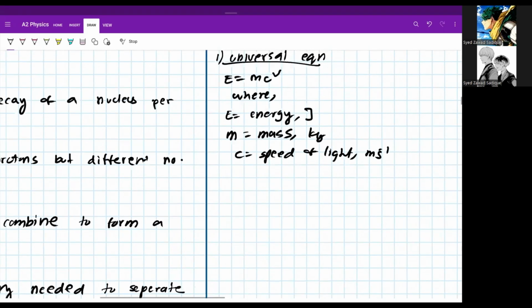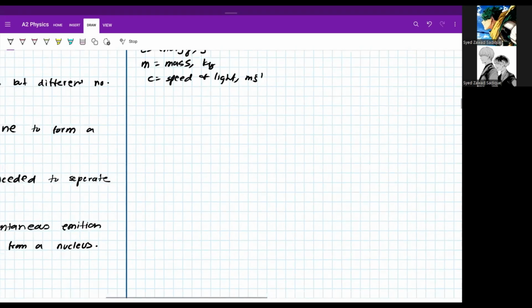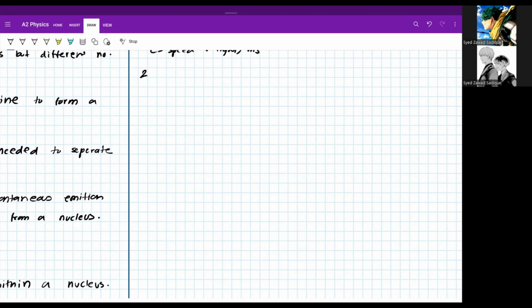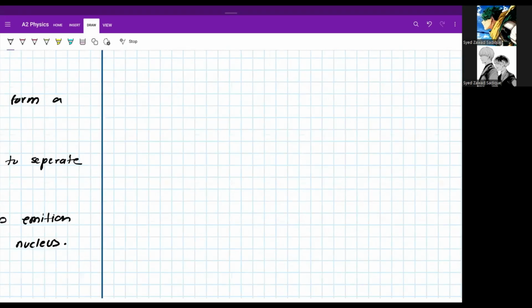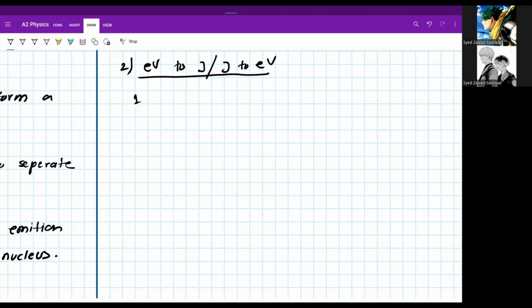Now, in this chapter, you're required to know the conversion of electron volts to joules. Two is eV to joules and joules to eV. We know that 1 electron volt is equal to 1.6 times 10 to the power minus 19 joules.